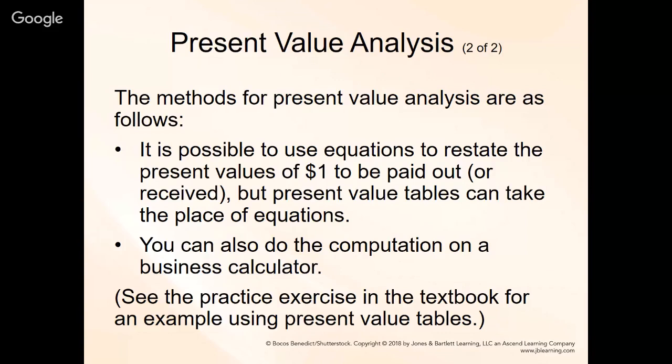If you wanted to find the present value of, your textbook gives you this example of $8,000, under the assumption that we used on the 10-year 10%, you would just simply multiply that $8,000 by the factor that we found in the table, which was 0.3855, and that would result in the present value of $8,000 being $3,084, or 8,000 times 0.3855.